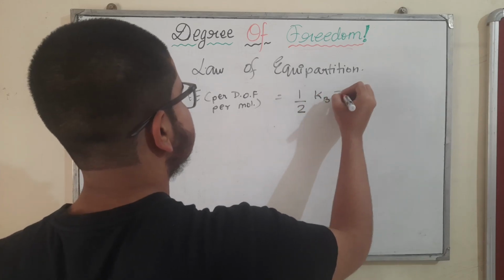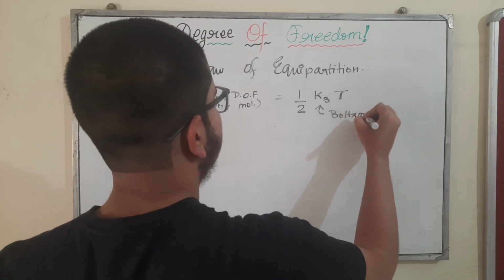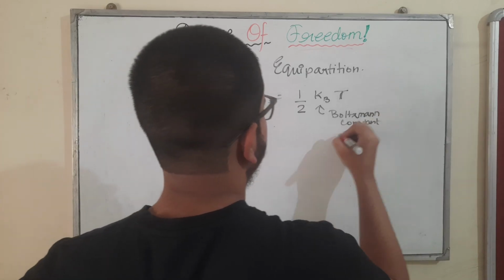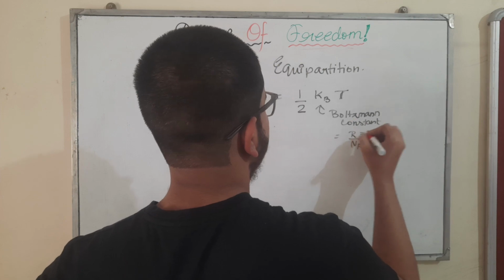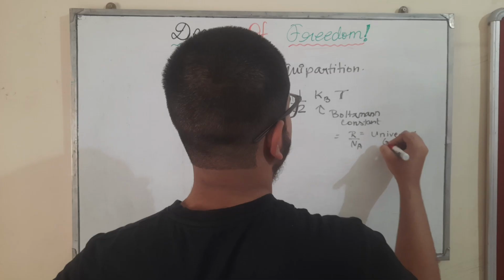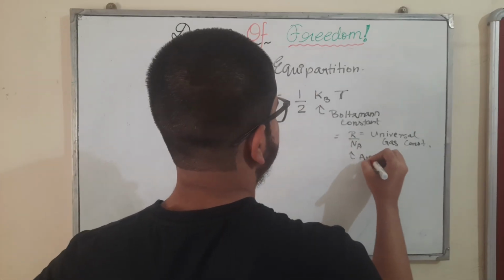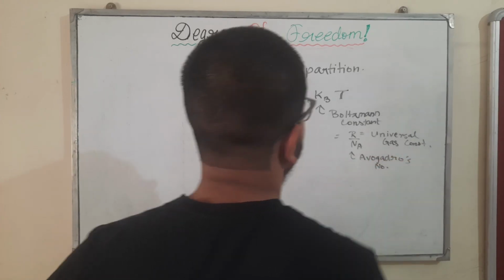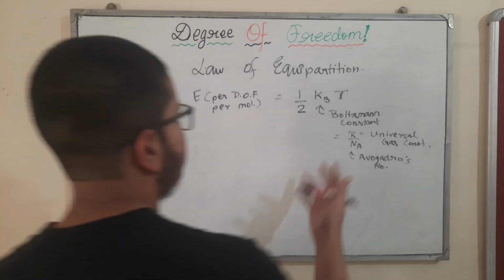Now kB here is the Boltzmann constant, and it is equal to R by Na. What is R? R is our favorite universal gas constant, and Na is Avogadro's number. Right?